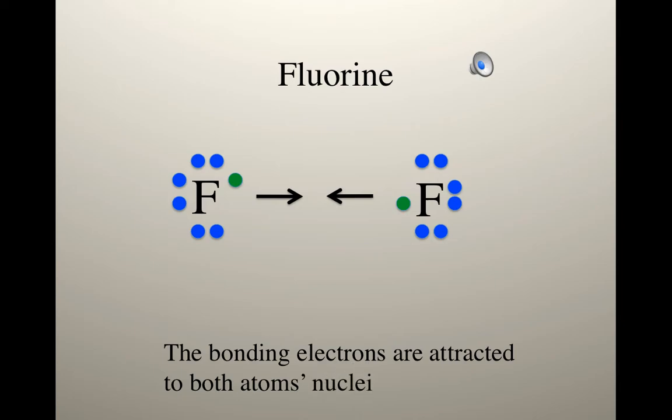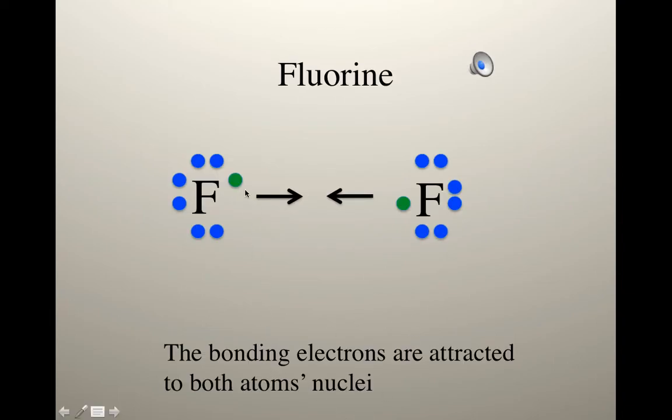As these atoms get closer to each other, this electron will be attracted to this nucleus and the nucleus of the other fluorine. This electron's attracted to this fluorine nucleus, but also the other one. They're going to be attracted to both nuclei when they're shared by both nuclei.